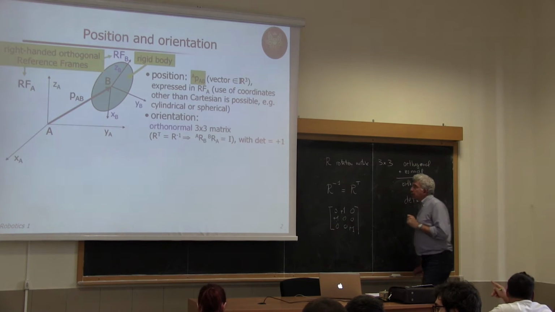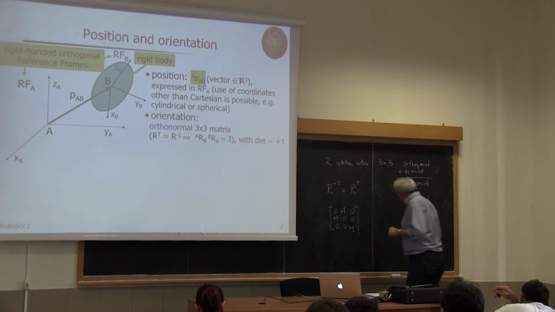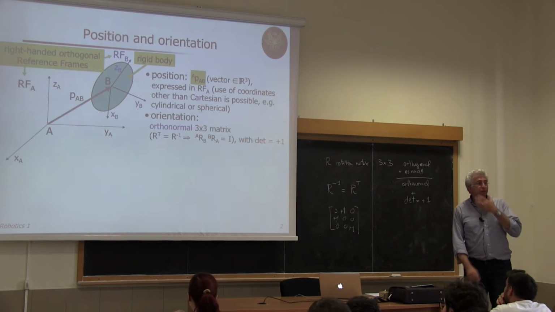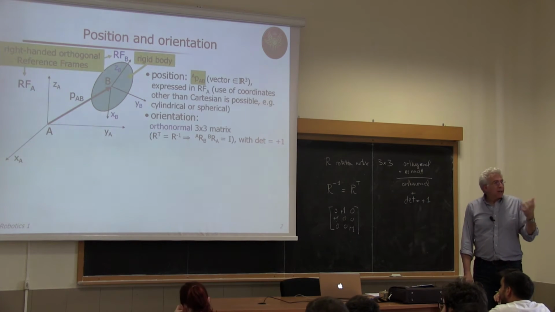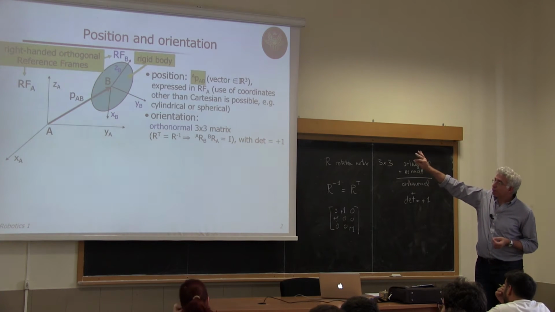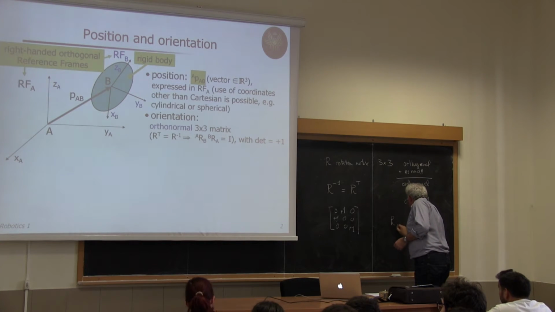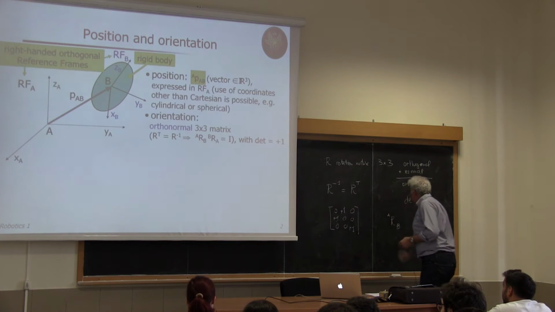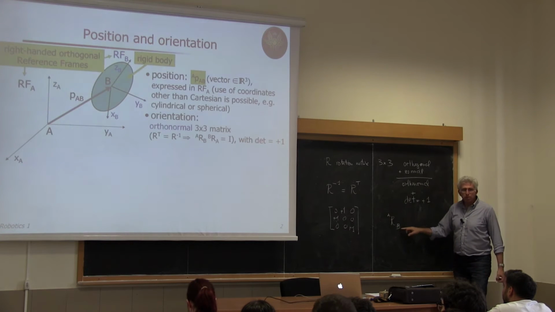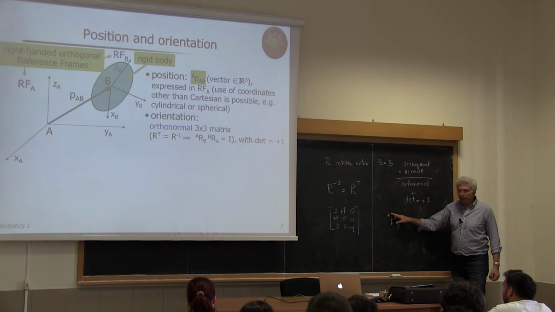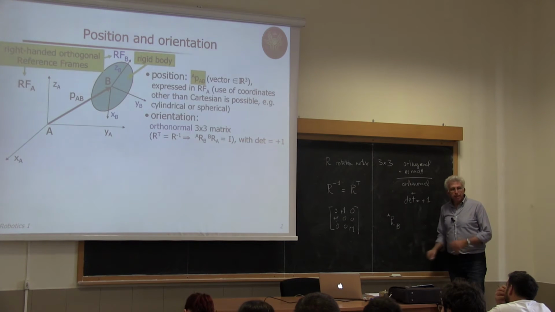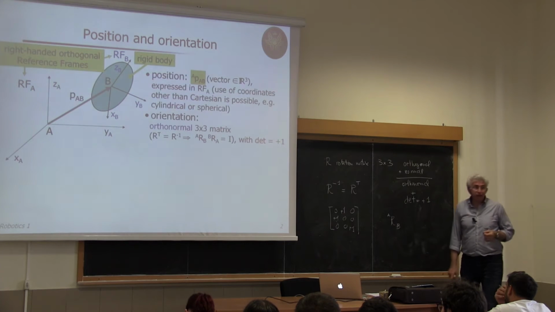So this is important. We will use this type of algebraic structure to represent the orientation of frame B with respect to frame A. And we will use this notation. R, let's say B A means that this matrix represents the orientation of B with respect to frame A. Here we are explicitly bringing in the dependence on the reference frame.